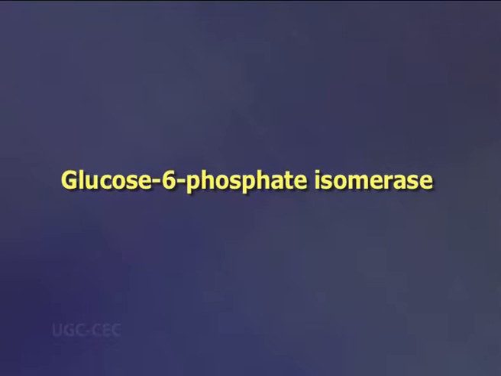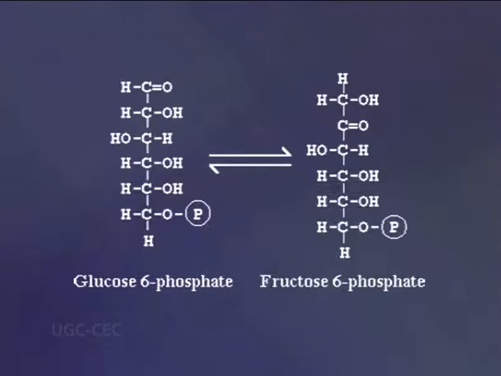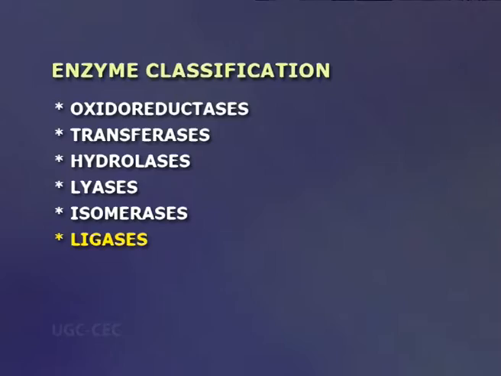Glucose 6-phosphate isomerase. This enzyme catalyzes the conversion of glucose 6-phosphate to fructose 6-phosphate in the second step of glycolysis. Both glucose and fructose are 6-carbon sugars but with a different structural arrangement. So, this enzyme interconverts the sugar between its two forms.